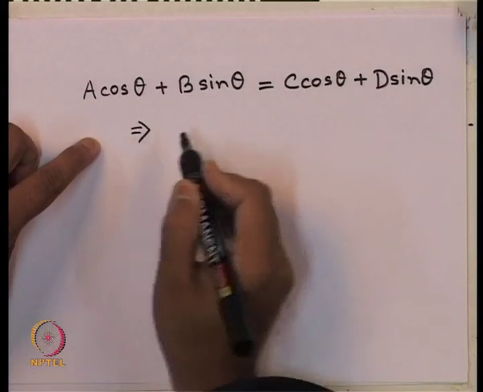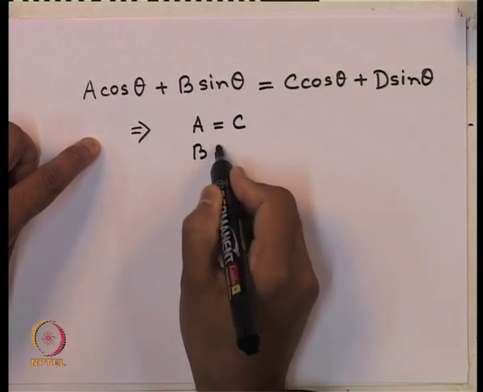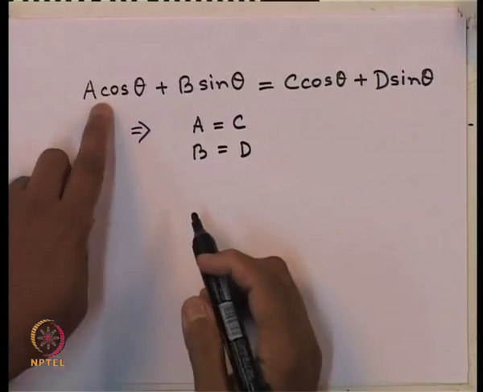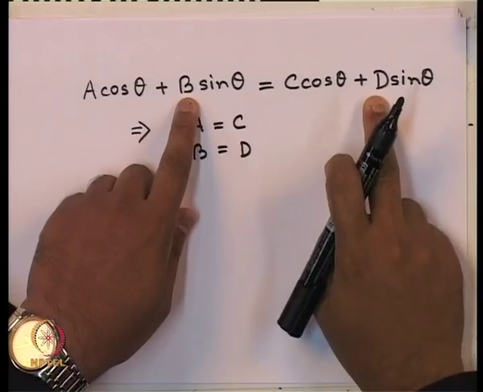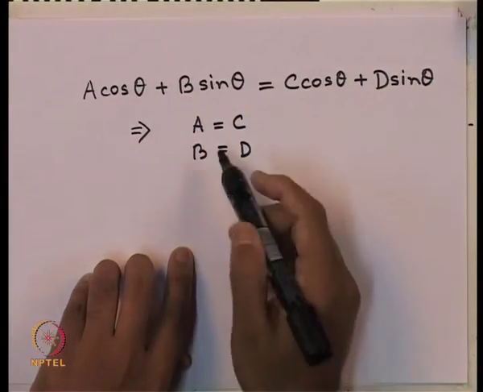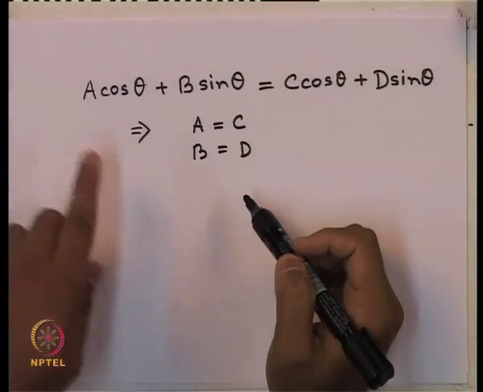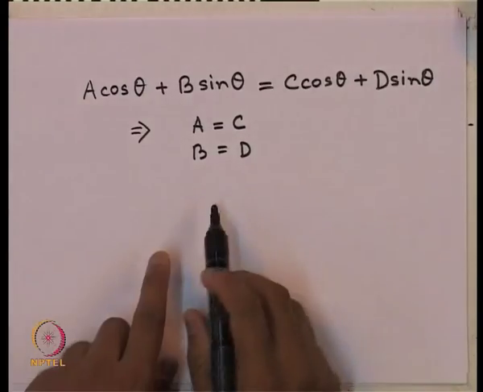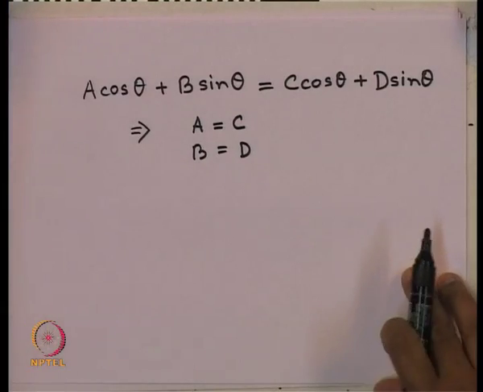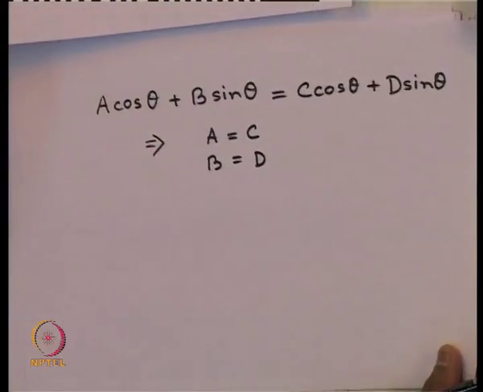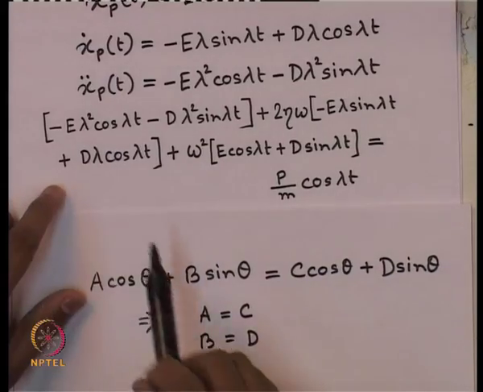So, A must be equal to C and B must be equal to D, because this is the coefficient of cos theta and this is the coefficient of sin theta. So, from basic mathematics, equating sine terms and cosine terms, we get this relation. So, using this, let us look at what we can find out for our equation.